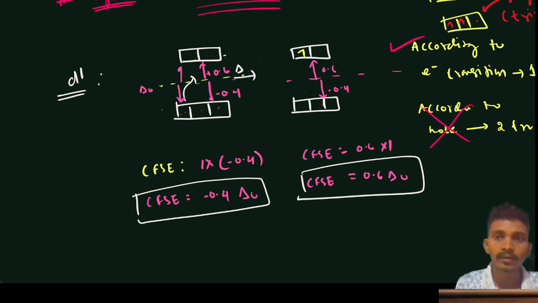Now what we will do is assign the term symbol where the degenerate state is there.